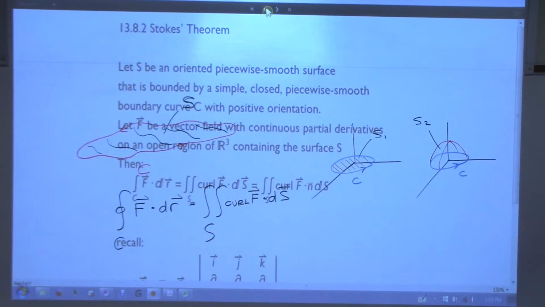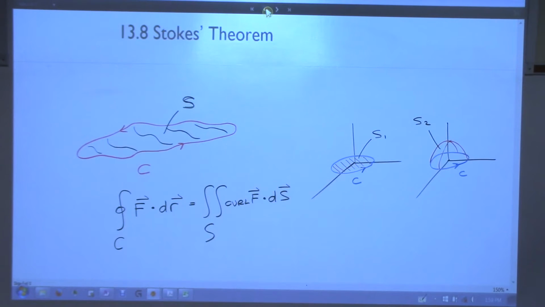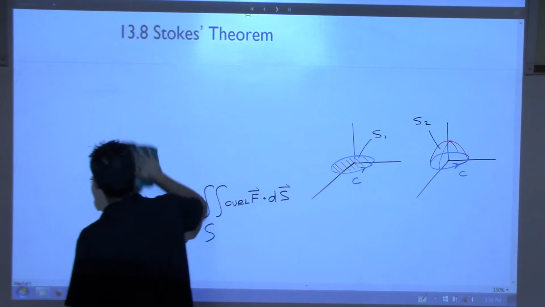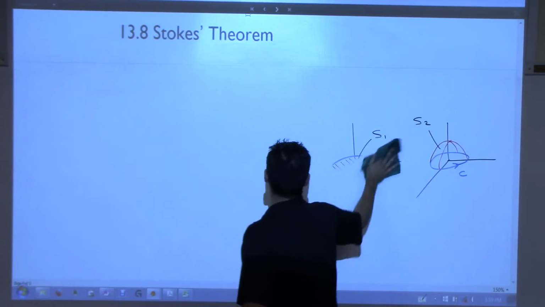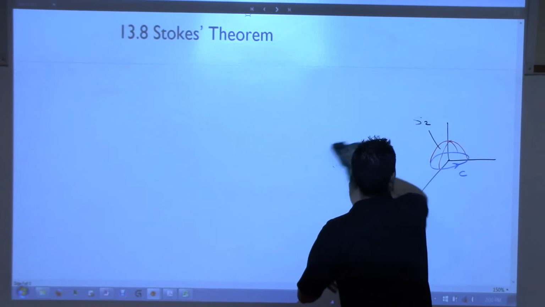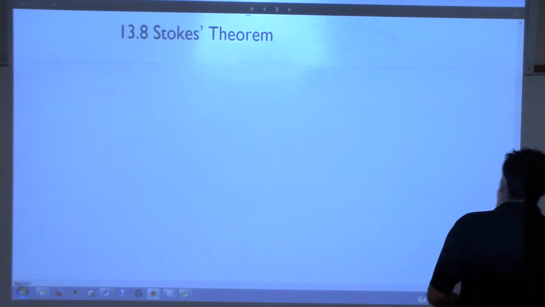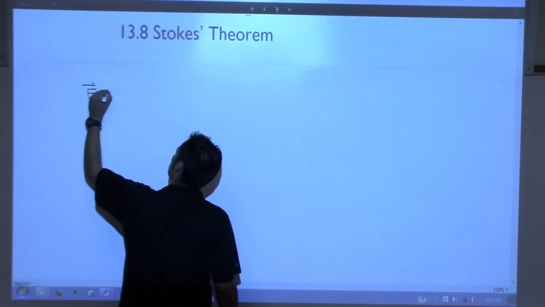So let's go back to that problem that we had just a second ago. The one that we got 80 pi on. Help me out here. We had a vector field that was what?